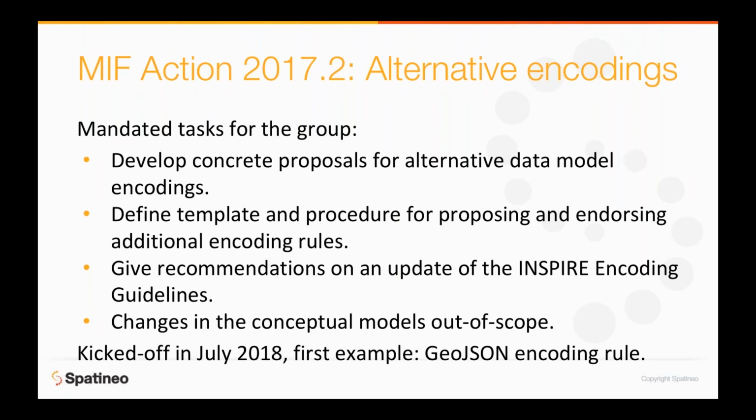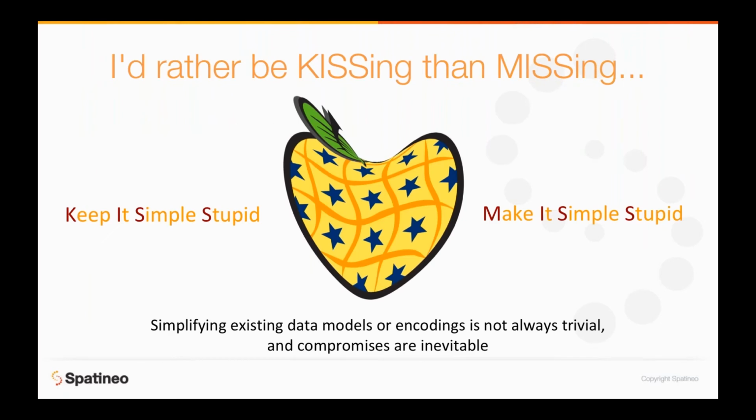It made a bit of a funny picture, but if you have a choice of defining a data model that's already keeping it simple, stupid, so a simple data model, and on the other hand, if you need to take something which is already complex and complicated and defined to be like that, and you need to make it simple and stupid, it can be quite challenging to do that.